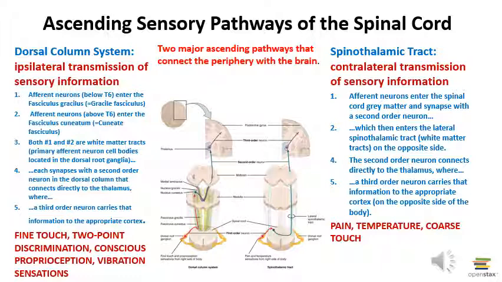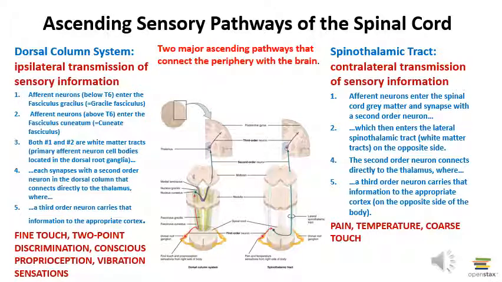But let's take a look at the neurons that are involved. I notice that there is a first order neuron that carries the information into the spinal cord, where it will synapse with a second order neuron that will carry the information to the thalamus.